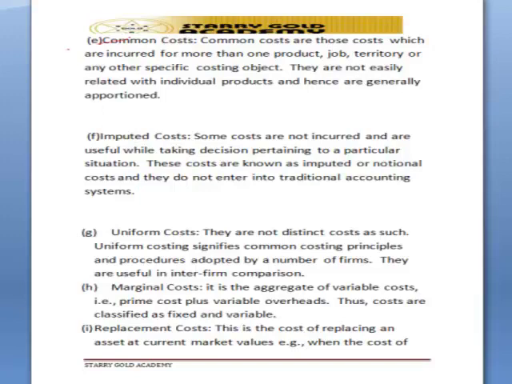Common costs are those costs which are incurred for more than one product, job, territory, or any other specific cost object or costing object. They are not easily related to individual products, and hence are generally apportioned.